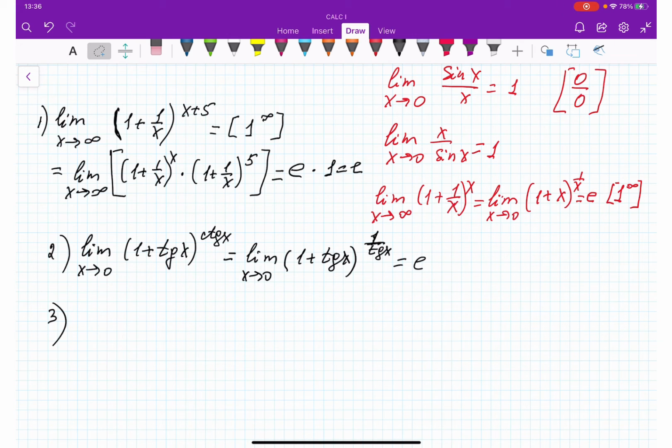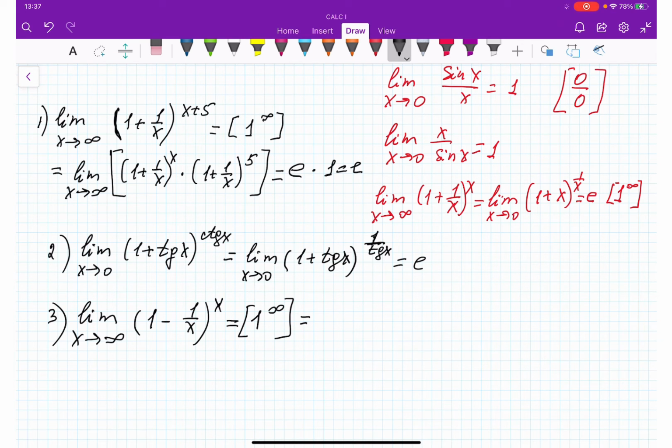Number 3, limit as x approaches infinity of 1 minus 1 over x, excuse me, to the power x. This is 1 to the power infinity again, right? And we can do the following.